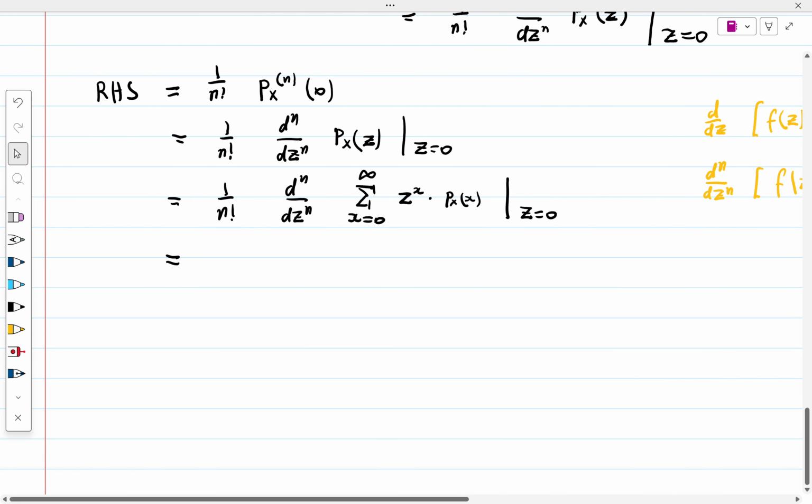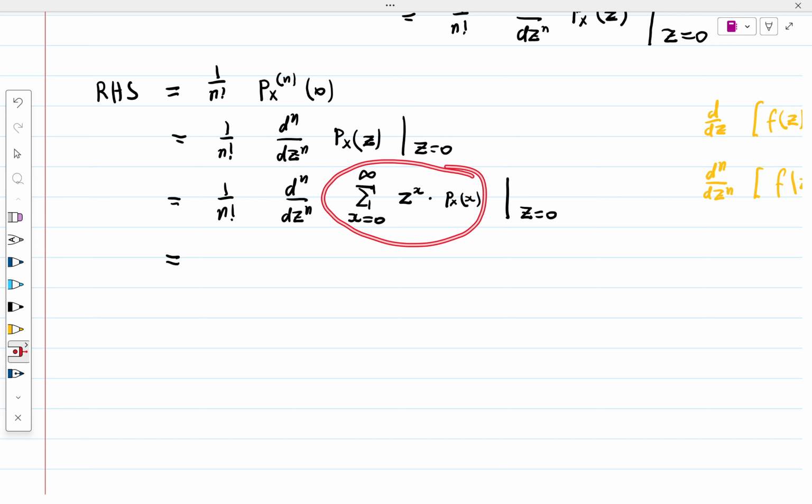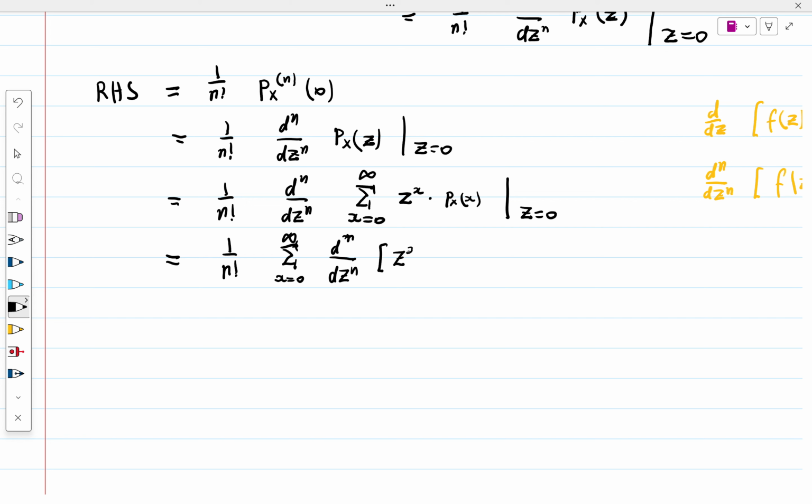So keeping that in mind, where we have the nth derivative with respect to z of a sum of functions in z, we can rewrite this as 1 on n factorial, sum x equals 0 to infinity of dn over dzn times the functions themselves, evaluated at z equal to 0.